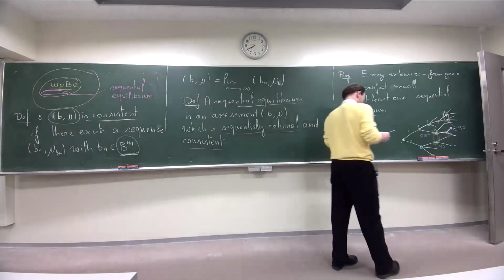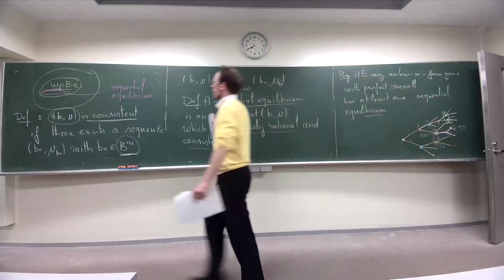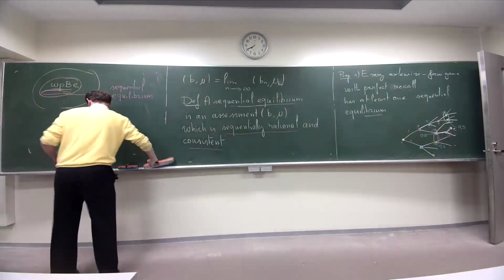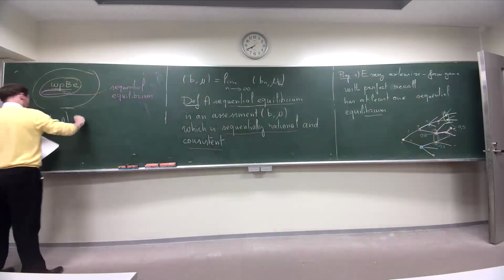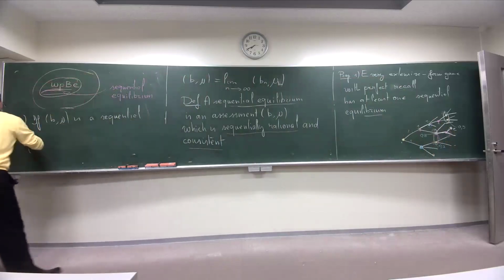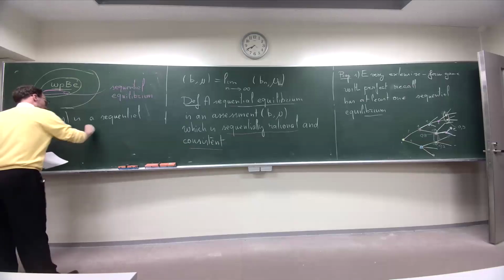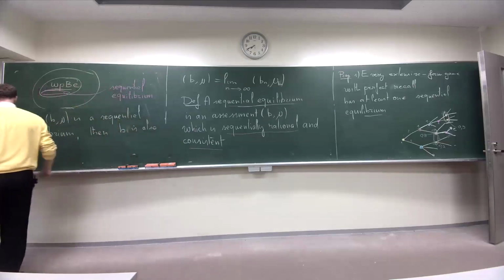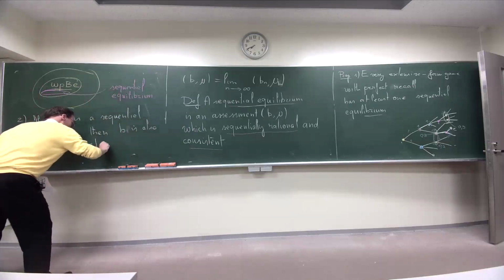In the second statement, still in this proposition, and you will see that it's fortunate and good: if (b, mu) is a sequential equilibrium, the one I have just introduced, then b is also a subgame perfect equilibrium.